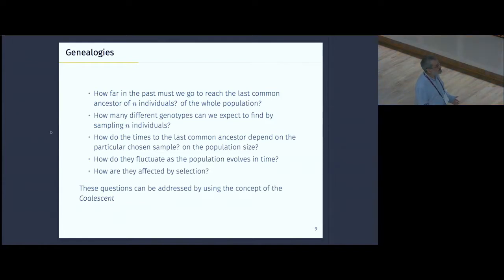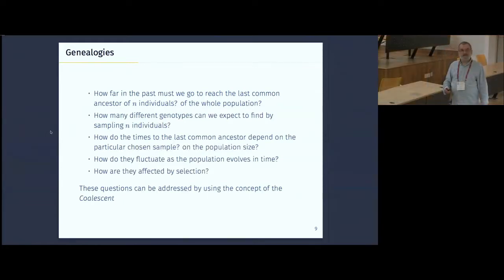How many different genotypes can we expect? This is very important. So the idea is that if you have an asexual population, you pick a certain sample, and then you ask, how many different variants should I expect? Can I infer something from what I get about the mutation rate, for instance?